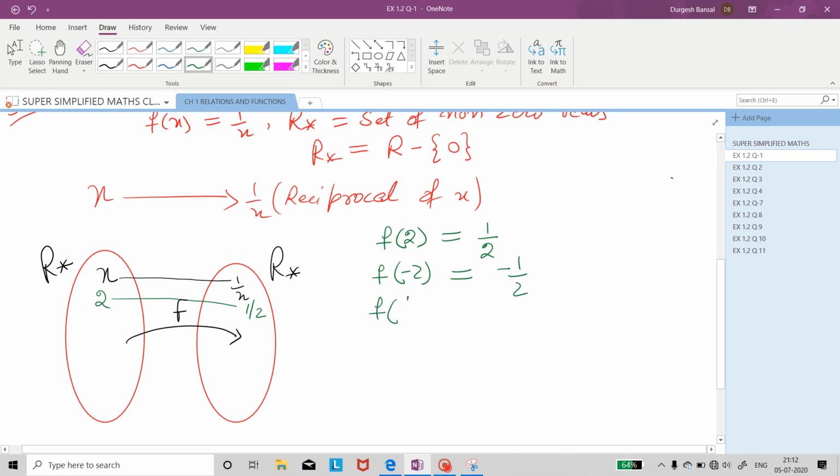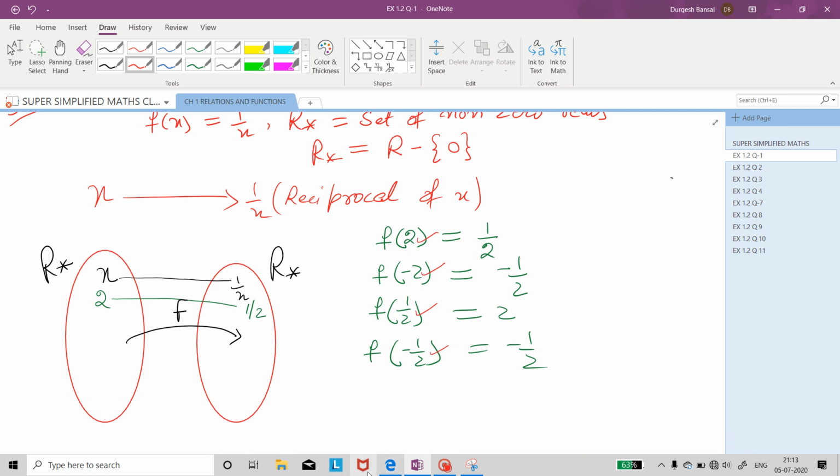Similarly, if I apply f on 1 by 2, I will get 2. And if I apply f on minus 1 by 2, I get minus 2. So you are getting here that these four elements, 2, minus 2, 1 by 2, minus 1 by 2, were all four different elements and their images were also different.